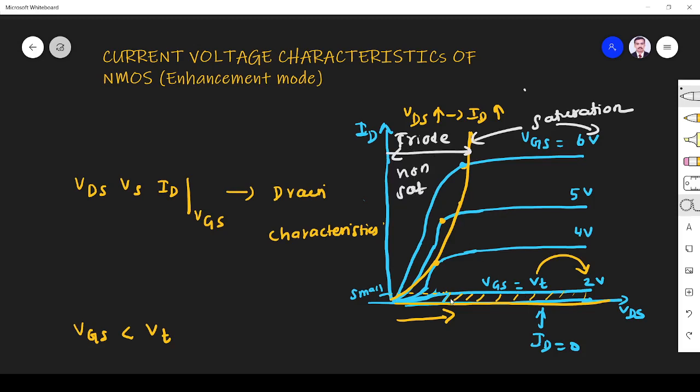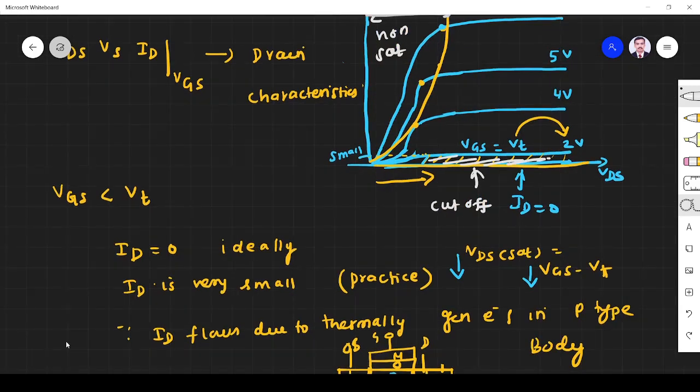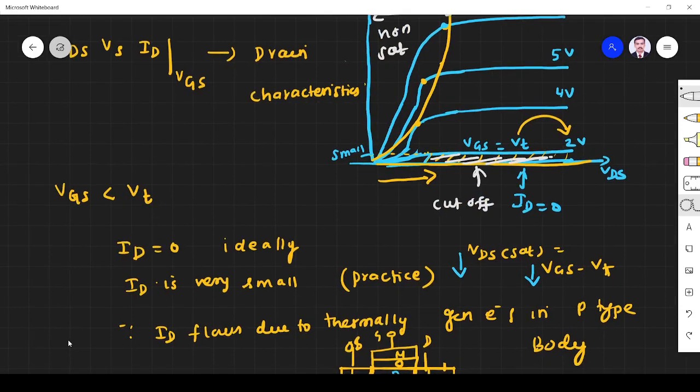Here there is no current flow, so this region we call the cutoff region. These are the three regions of operation in the NMOS transistor. In each region we have a current equation. Let us see all of that now.